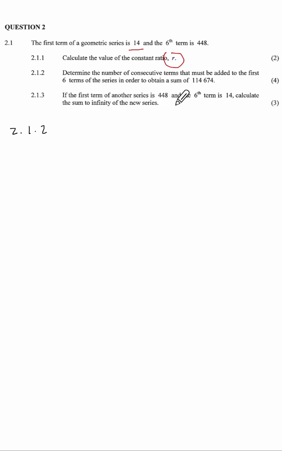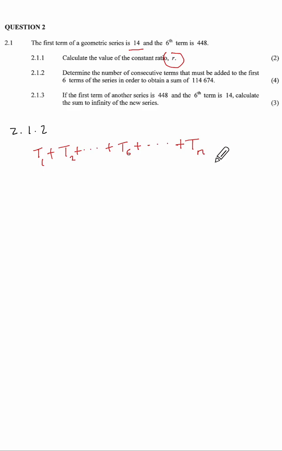So if we were to sum up a certain number of terms, let's say term number 1 plus term number 2 plus on and on until we get to term number 6 plus more terms until finally we get to term number n.